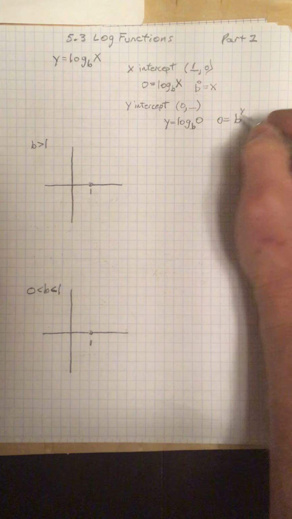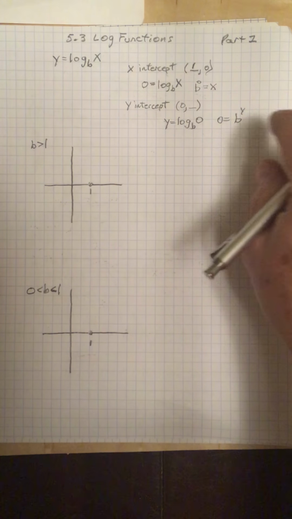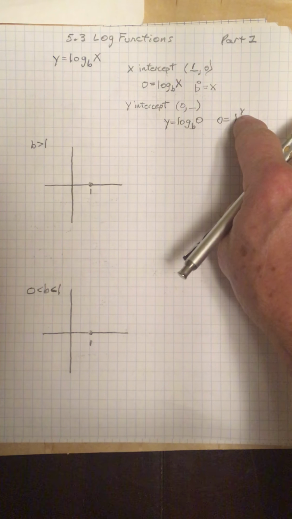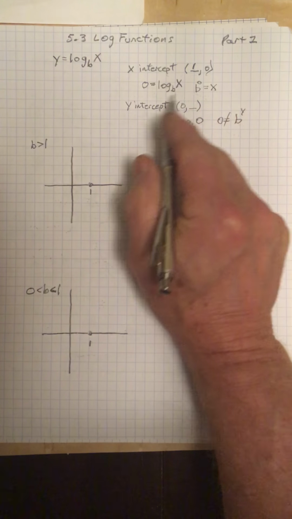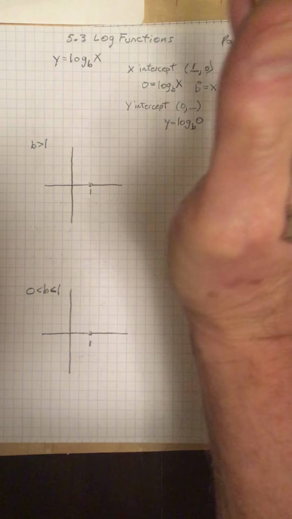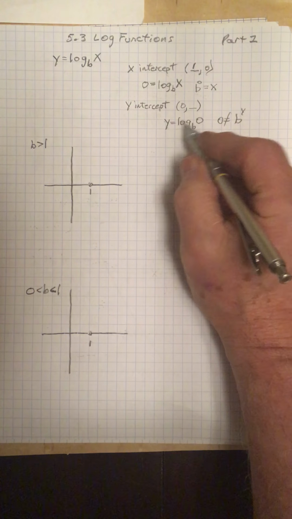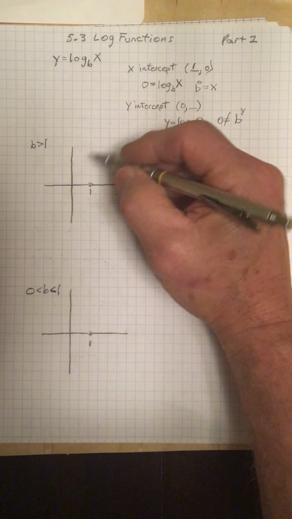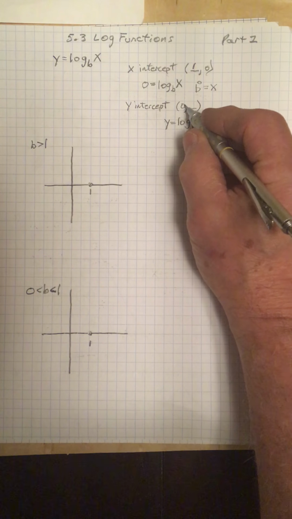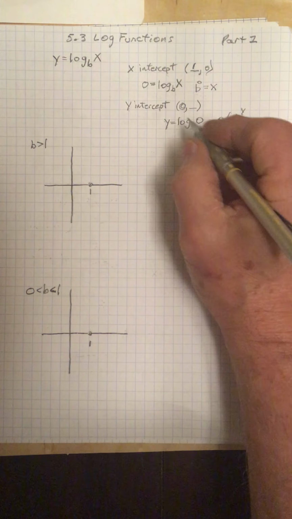But the problem here is the base is always greater than 0. So if I raise a number to a power, it can never equal 0. Since we can never equal anything on the y-axis, the y-intercept doesn't exist, so at x equals 0, that's an asymptote.